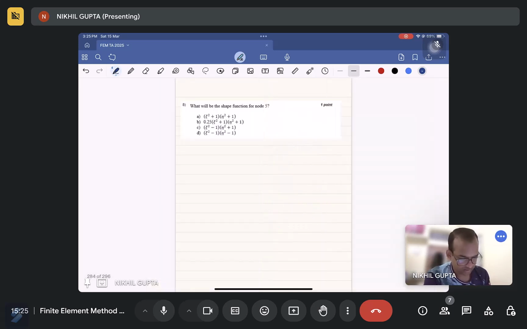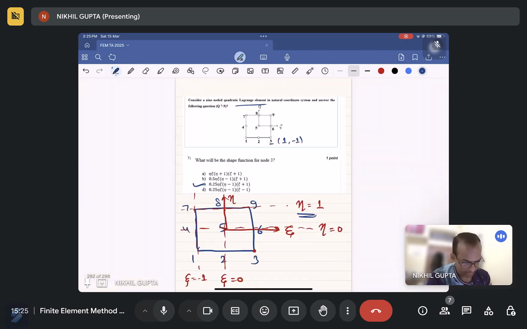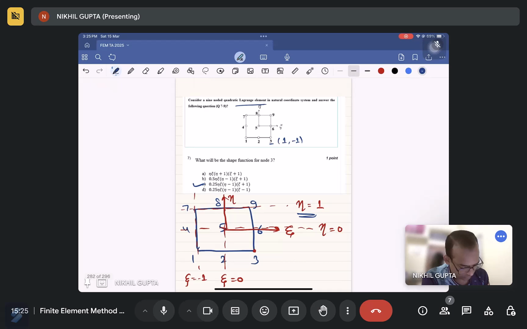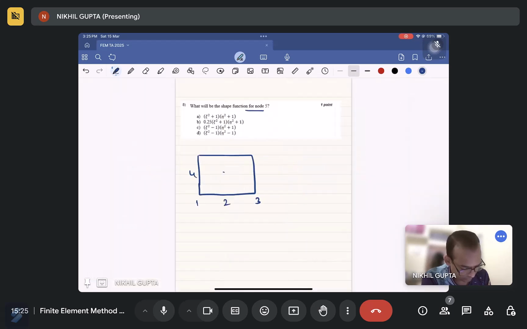Now what they are asking is the shape function for node number 5, which is the center one. Let's make the figure again. 1 2 3, 4 5 6, 7 8 9.